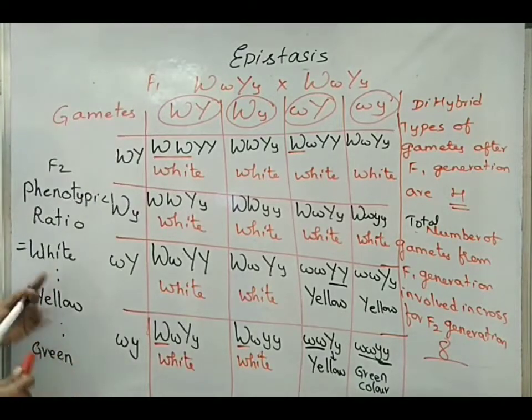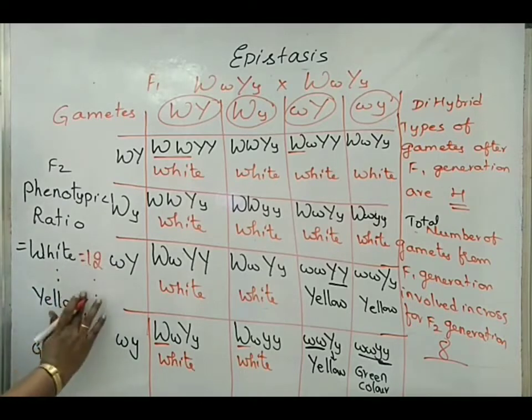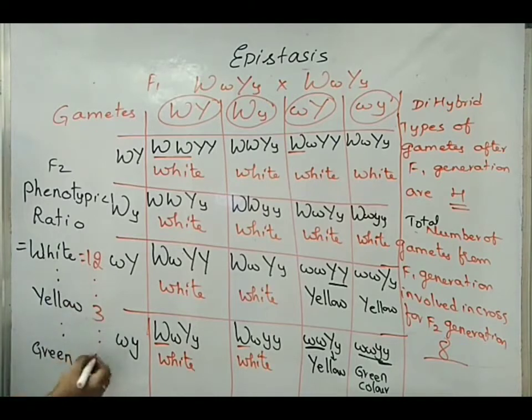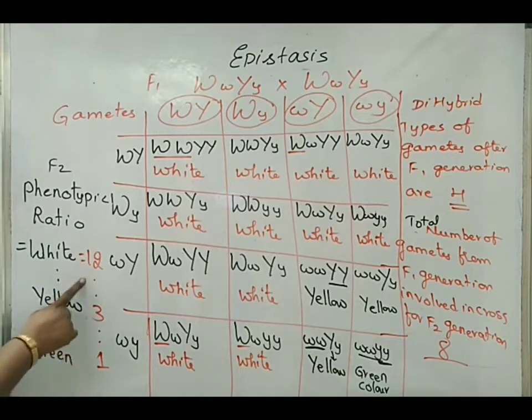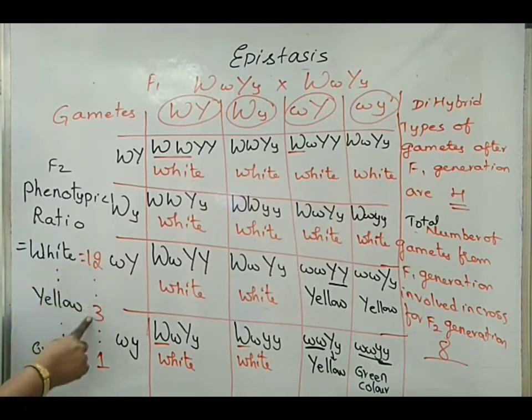So according to the phenotypic expression of white color flower, yellow color flower and green color flower, the ratio is: white color are 12, yellow colored are 3, and this one is the green colored flower, 1. So this is the dominant epistasis ratio, that is 12:3:1. Again I am telling, the phenotypic ratio in the F2 generation of dominant epistasis according to our syllabus is 12:3:1.